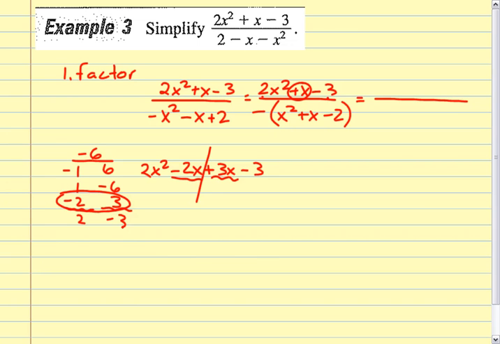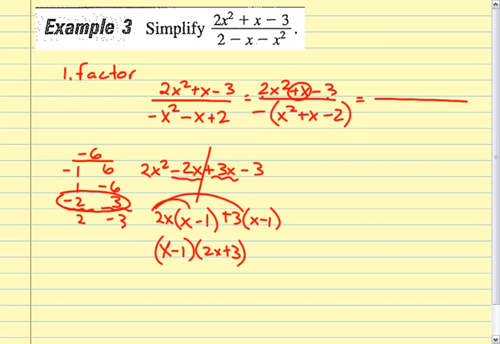Take out a 2x on the first one, and that leaves me with x minus 1. And then in the second one, I'm going to pull out positive 3 times x minus 1. They both have x minus 1, so that gets pulled out to the front. I'm going to get x minus 1 times 2x plus 3. Thank you, Sophia. Now, I'm going to write on top, x minus 1 times 2x plus 3.